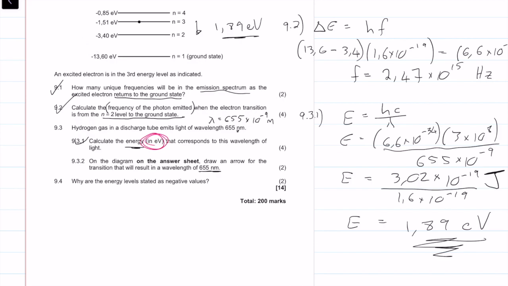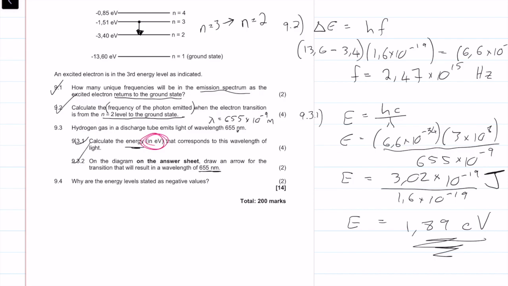We're told to draw an arrow, so the transition is from there to there. It's a transition from n equals 3 to n equals 2, and we get 2 marks for that.